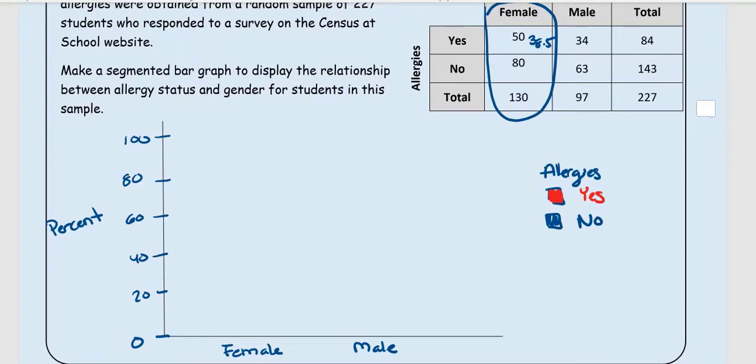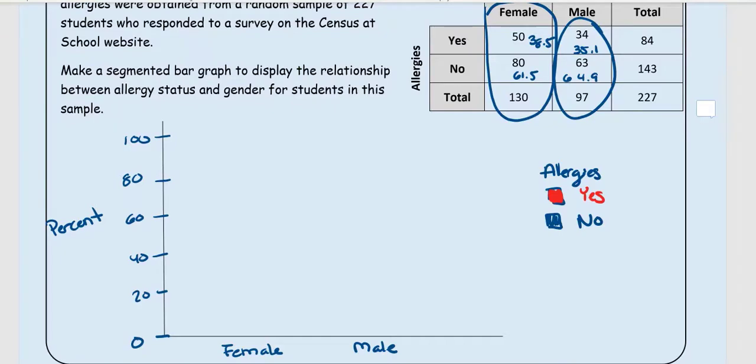Okay, and then 80 out of 130 is going to be 61.5%. For males, we have 34 out of 97, which gives us 35.1%. And then we have 63 out of 97, which will give us 64.9%. Okay, so now we're going to graph these.